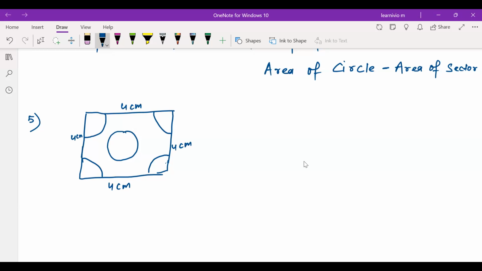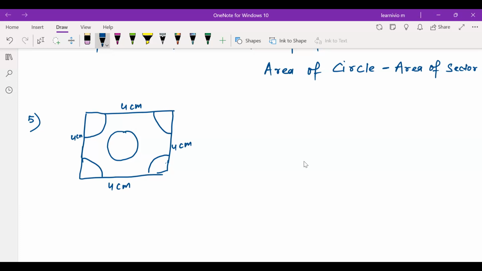Just a moment. It says from each corner of a square whose side is 4 centimeter, a quadrant of a circle of radius 1 centimeter is cut out.